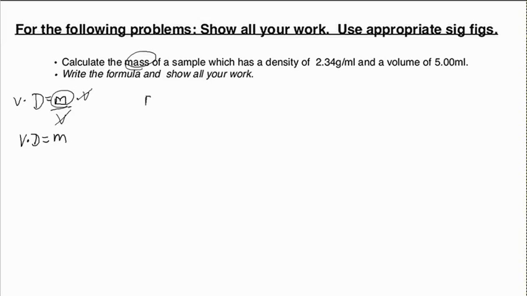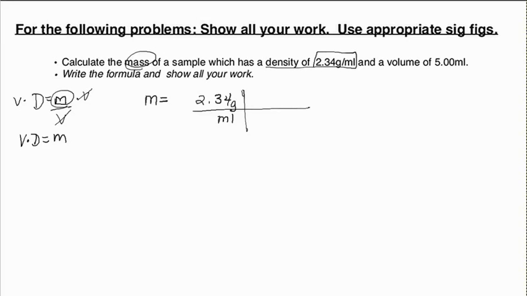So we're trying to find mass, so we say m equals d times v. We're given a d of 2.34 grams per milliliter. Put your grams, put your milliliters down here. Please put your units in the problem. It will save you a lot of mistakes later on.